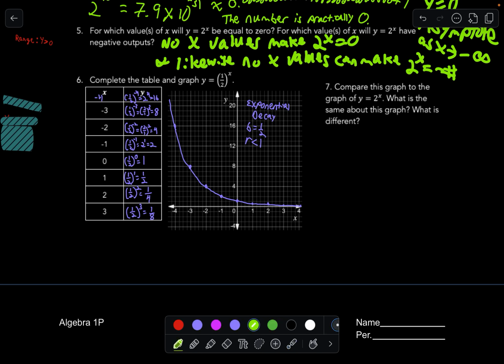So they ask you what is the same? They both have the same y-intercept. That is 0, 1. What is different?